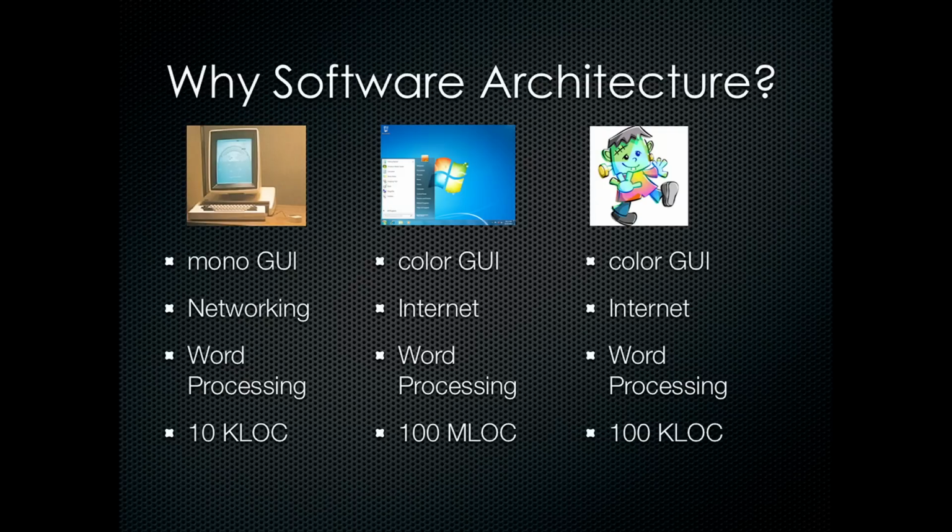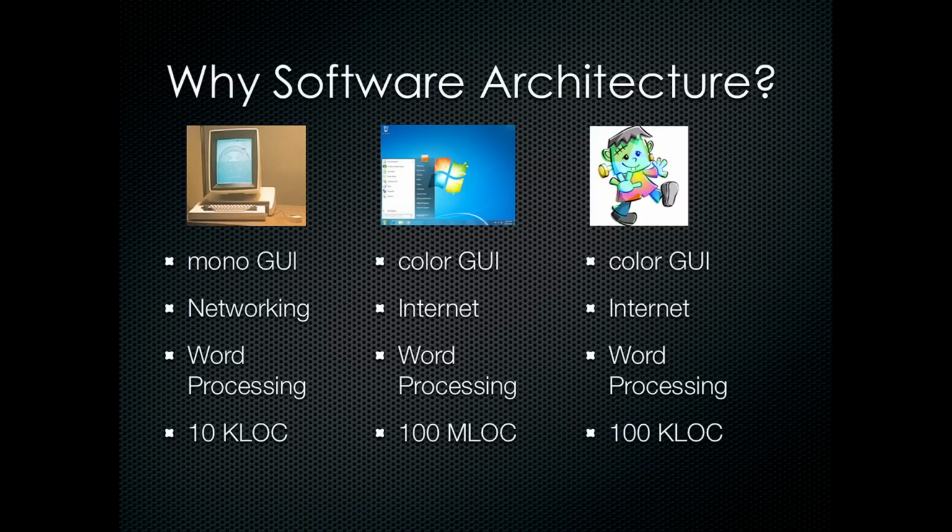They had word processing, the precursor to Microsoft Word was built there. And Alan Kay claims this was about 10,000 lines of code. In the middle, we have Windows. It has a nicer GUI. Now we have Internet, not just Ethernet. We have big word processing. And that's 100 million lines of code. That's a factor 10,000, but it's nicer, right? So who knows?